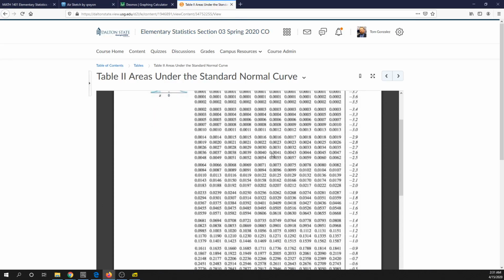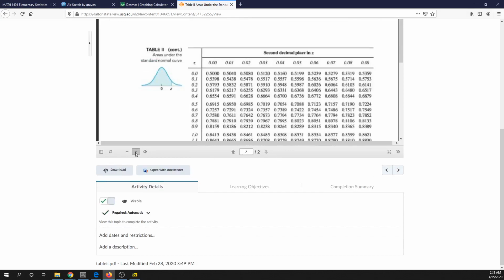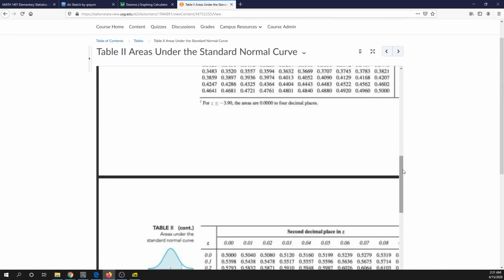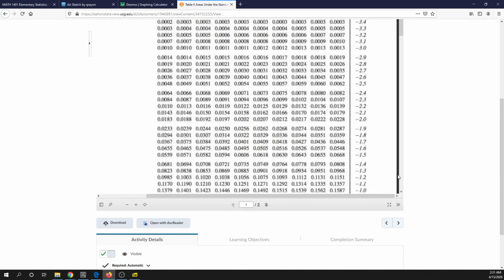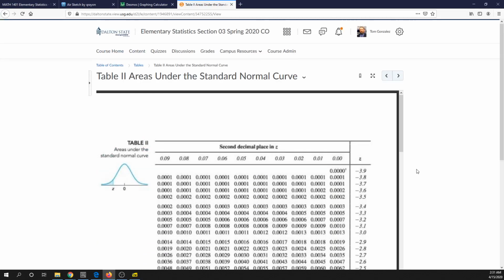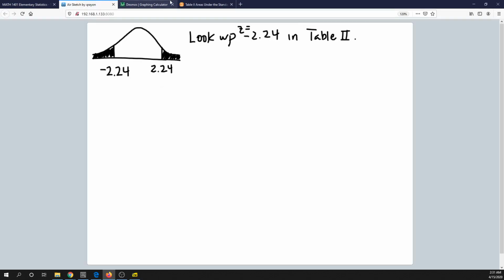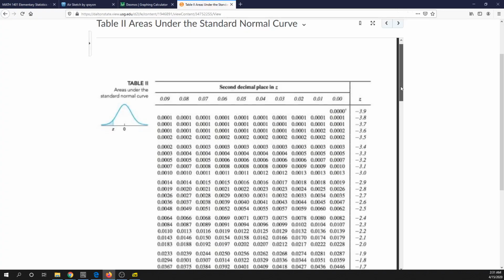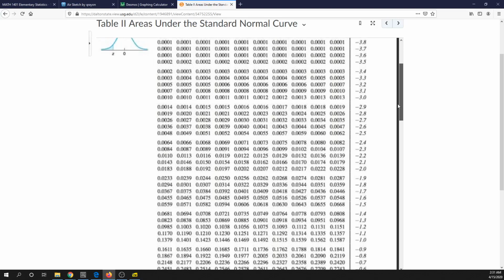All right, so I'm looking up minus 2.24. So that's right here.